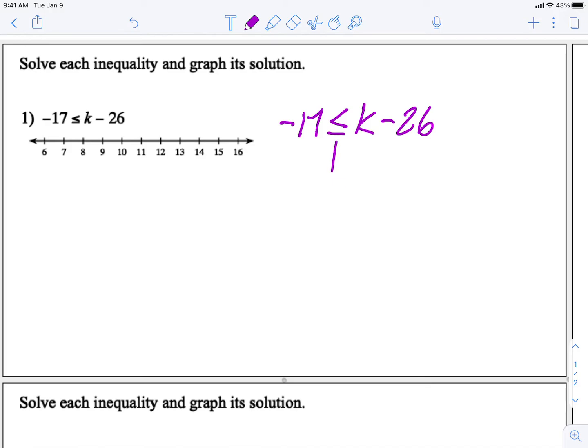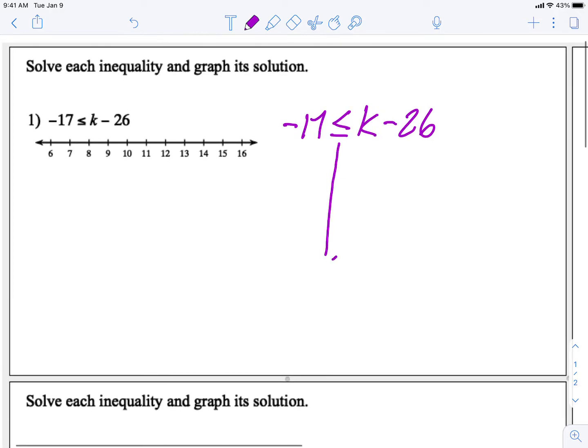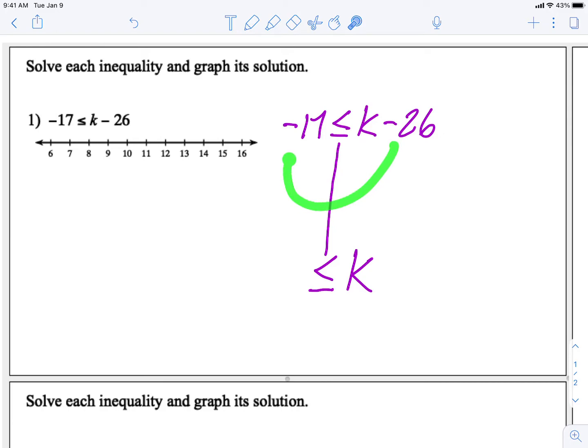The first thing I always do is draw my line of separation, and I'm going to draw my arrow. I want to get this k by itself, so this k is going to come down just like that. That means this negative 26 has to go over and become positive 26.